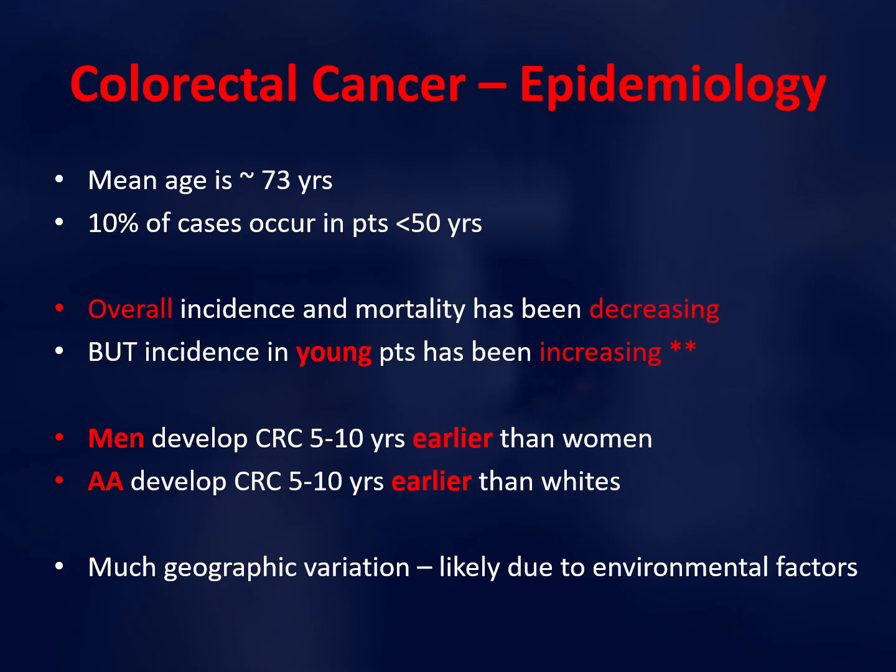Men develop colorectal cancer 5 to 10 years earlier than women, and African American also develop it 5 to 10 years earlier than whites. Other than age, sex, and ethnicity, other factors play a role in colorectal cancer. We have environmental factors. That's why we have a geographic variation in colorectal cancer distribution.